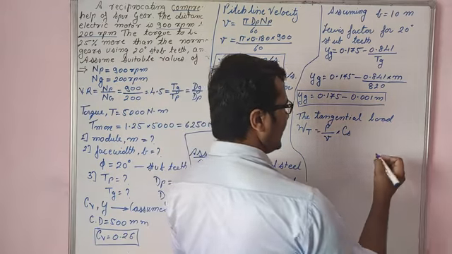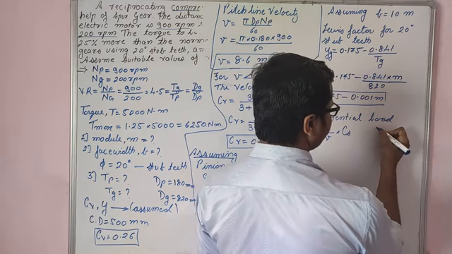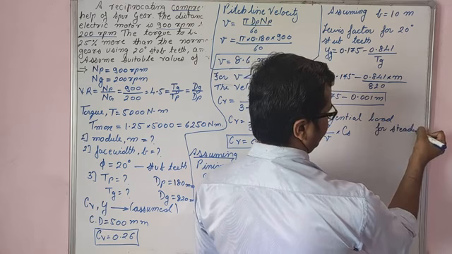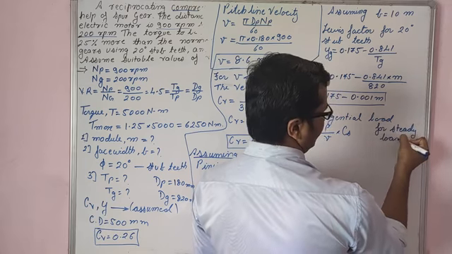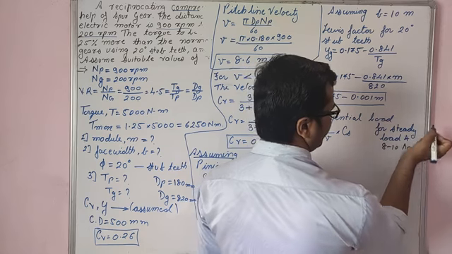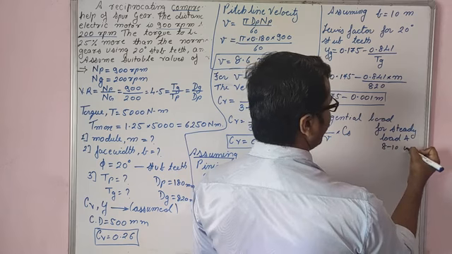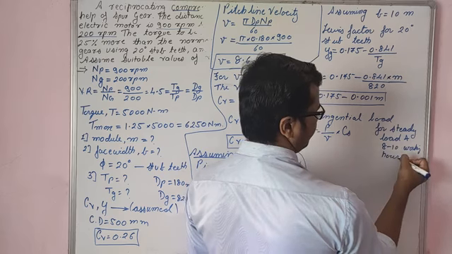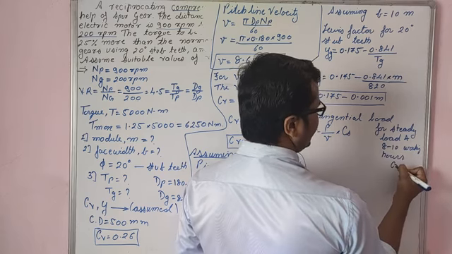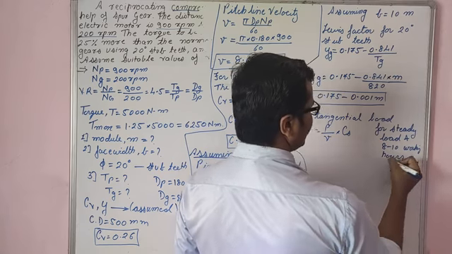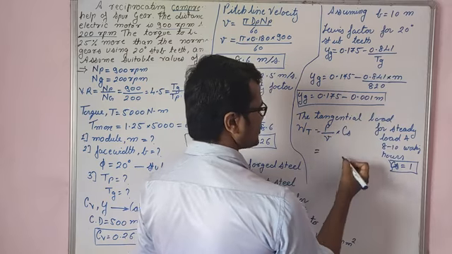So we are assuming that for steady load and 8 to 10 working hours, the value of service factor Cs is 1. So the value of Cs we can substitute equals 1.